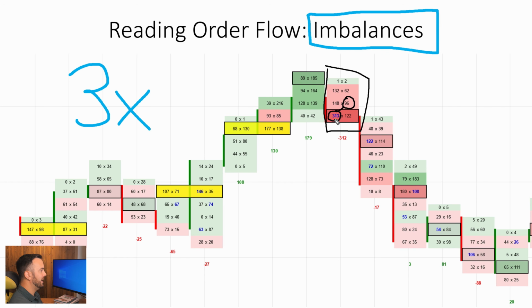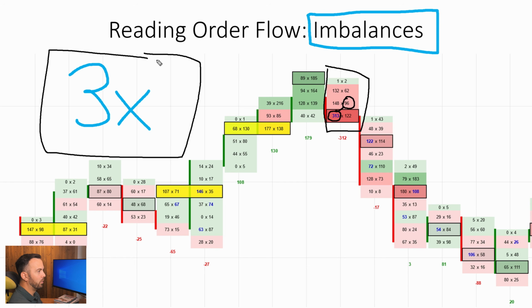So you compare 313 to 96. If 313 is 3 times or more bigger than 96, which it is, then it gets highlighted in blue and it shows imbalance. Sellers were way more aggressive than buyers in here.